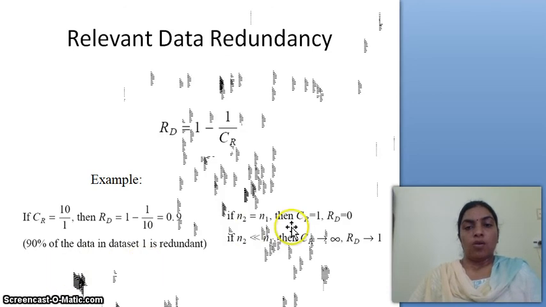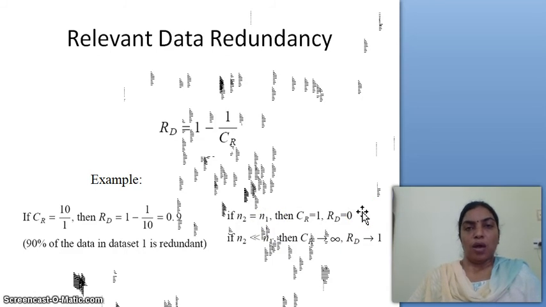Right? Now, if N2 is equal to N1, then of course the compression ratio is 1. If this is 1, redundancy is 0. That means there is no compression. So 0% of the data in the input image is redundant.